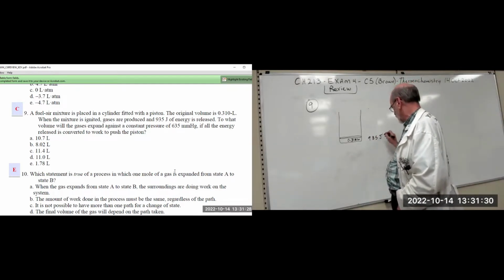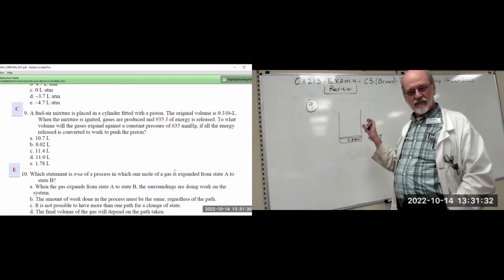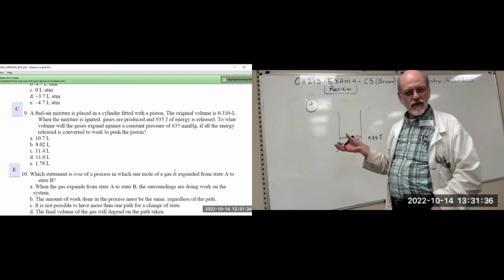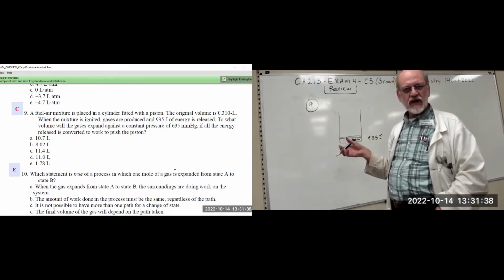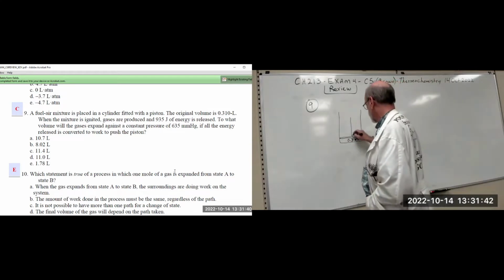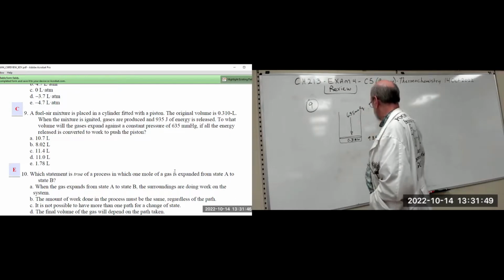To what volume will the gas expand against a constant pressure of 635 millimeters of mercury?